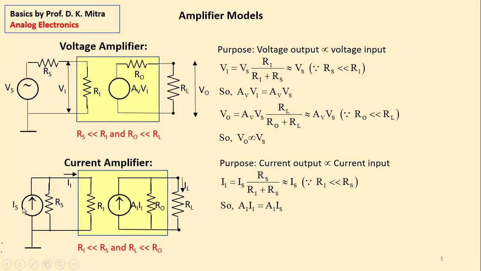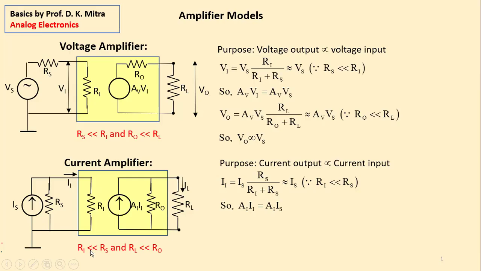Now here is a source current Is. This current goes into two branches. One branch is Rs, another branch is Ri. So if there are two parallel branches, I think you have done it in your school also. Nowadays, they teach it in school. And if not school, you have definitely learned in your first year that when this current is divided into two parallel lines, the current in the line Ri is given by source current Is multiplied by Rs, the other branch resistance, divided by the sum of these two resistances, Ri plus Rs.